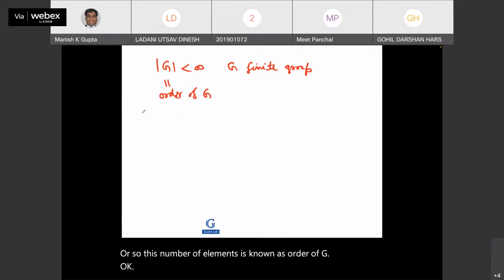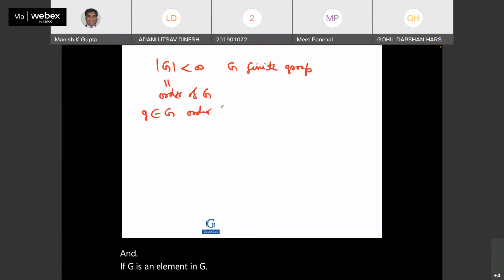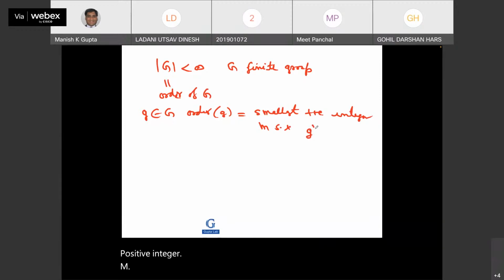And if g is an element in G, we can define the order of this element as the smallest positive integer m such that g raised to m is equal to 1.